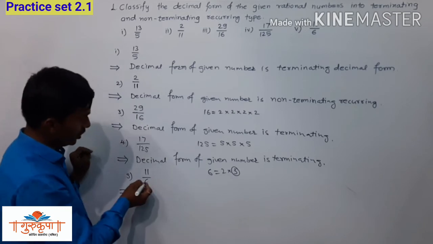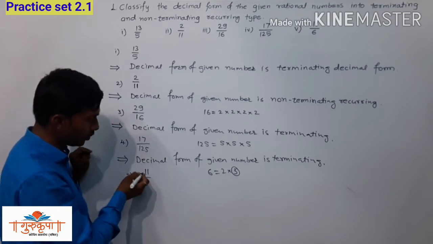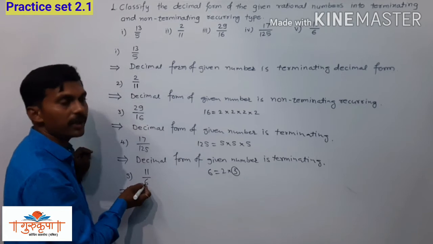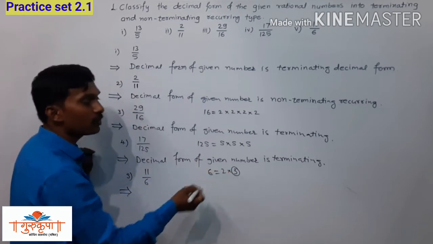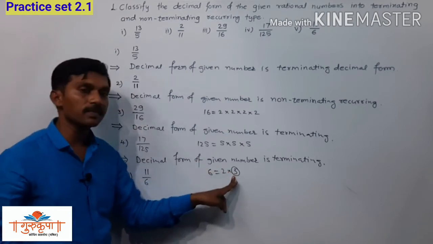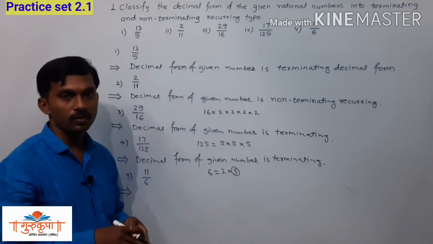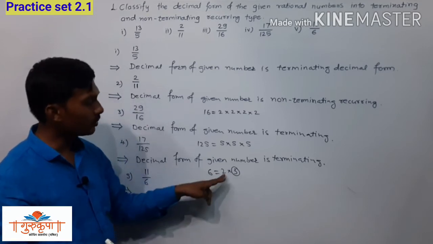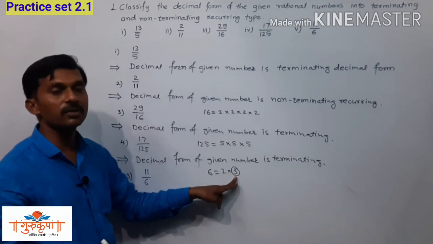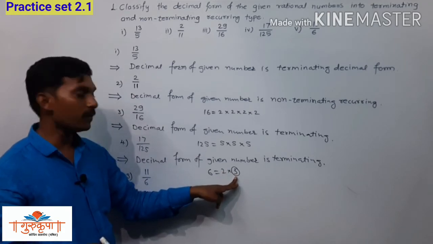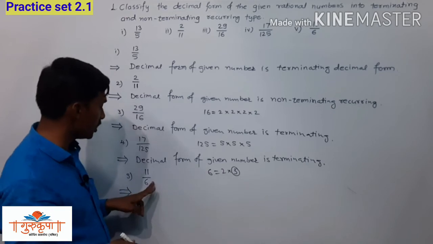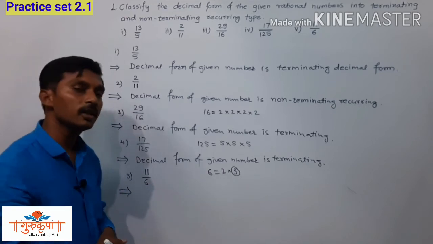Why? Since the numerator is not completely divisible by the denominator, and the prime factorization of the denominator includes 3, which is not in the form of 2 and 5. Since a number other than 2 and 5 is included in the prime factorization of the denominator, this number is non-terminating recurring.